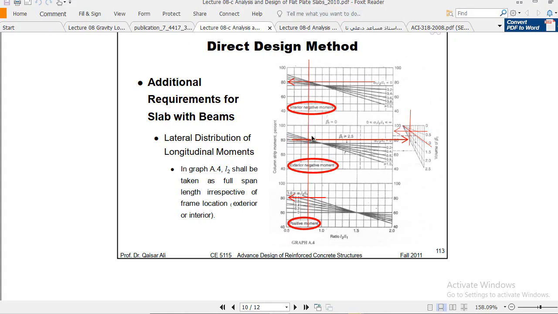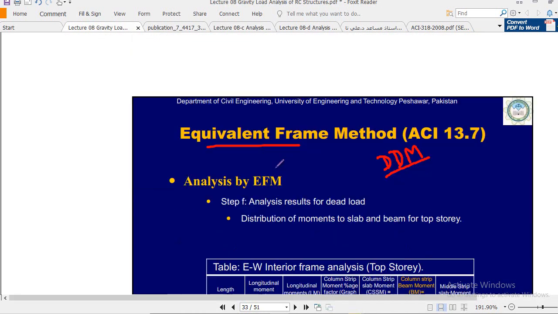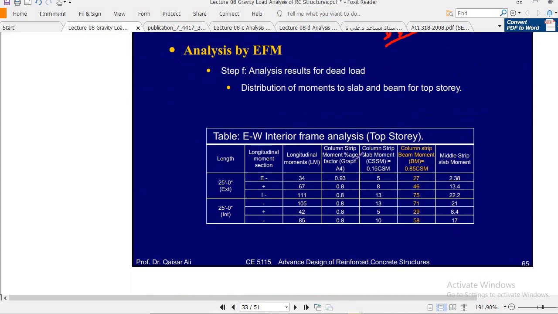I already explained here. Now we are coming back to this chart, and you see these coefficients, 0.93, 0.81 or 0.8. Somebody may take 0.81, someone may take 0.8. It doesn't matter.